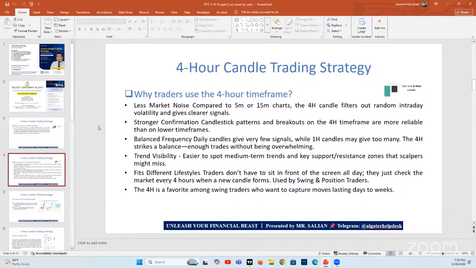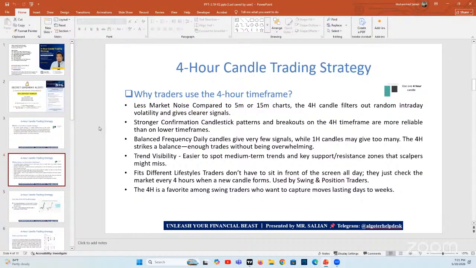The higher your time frame, less noise, more clear patterns. You can see the swing highs and the swing lows easily. Stronger confirmation, candlestick patterns and breakouts on the 4-hour time frame are more reliable than on lower time frames, right?